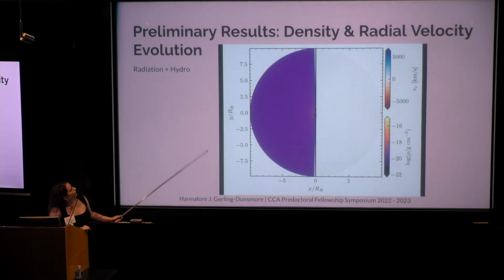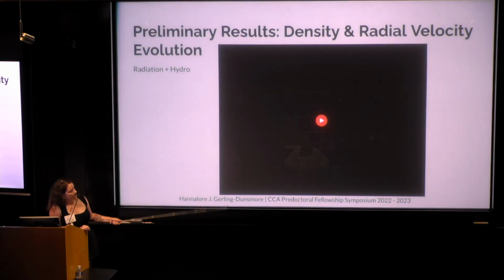So on the left-hand side, we have the density, the log of the density in CGS units. And on the right, we have the radial velocity of the gas in kilometers per second.